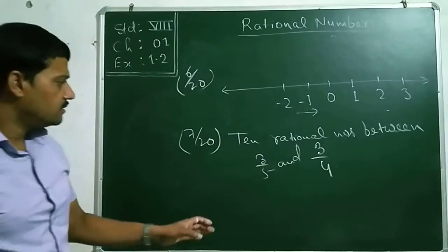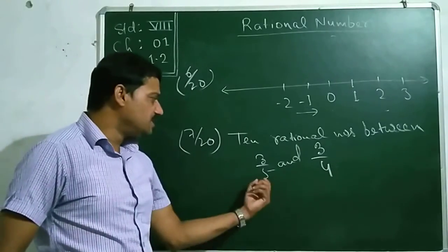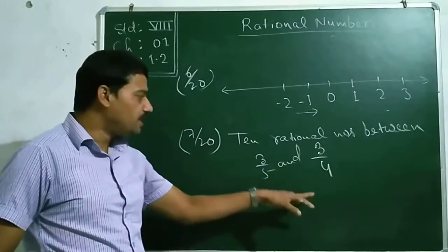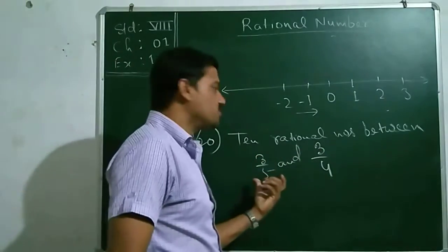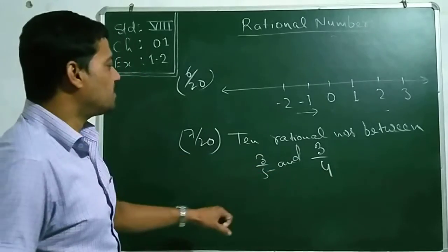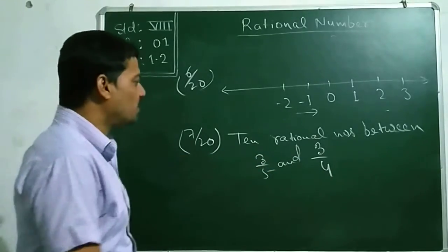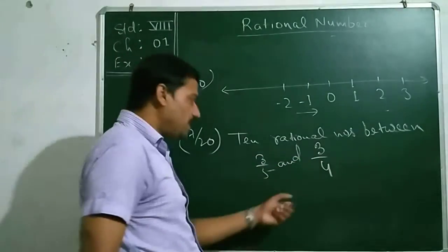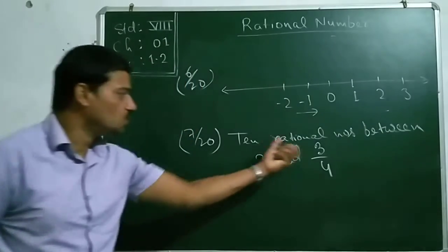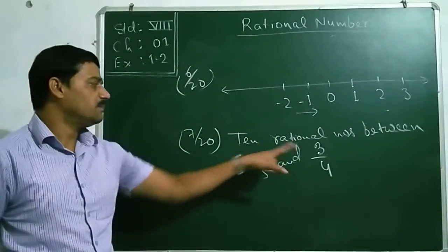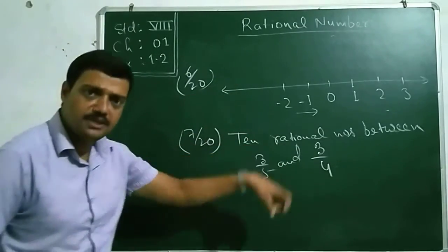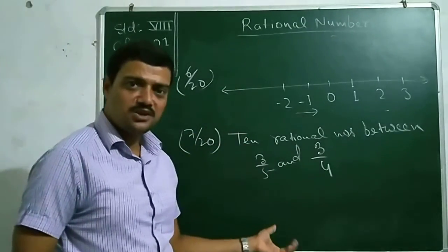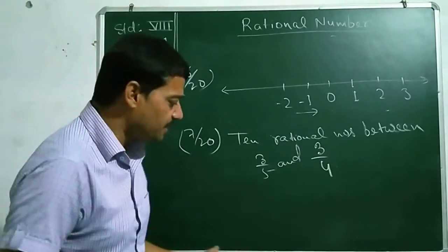I think after taking the LCM, you can very easily find what the numerators should be so that we can get 10 rational numbers, or multiply the denominator by such a number so that you could get 10 rational numbers between those numerators. As I have explained in the previous 2 sums, try to do the sum yourself. I don't think you will find it difficult.